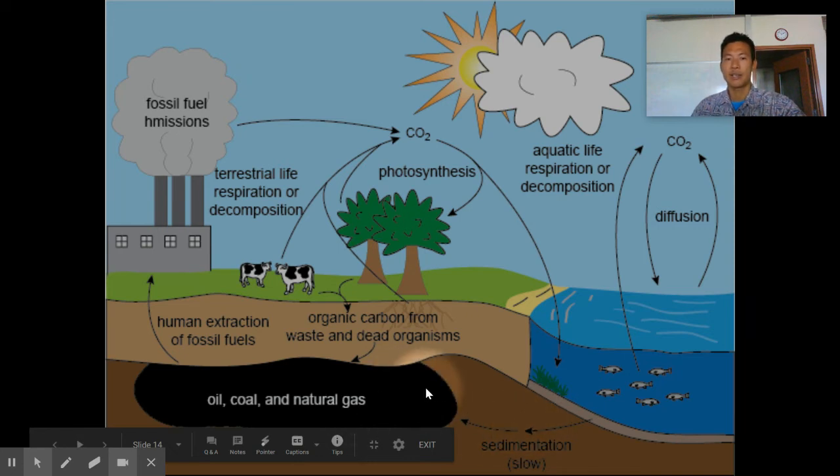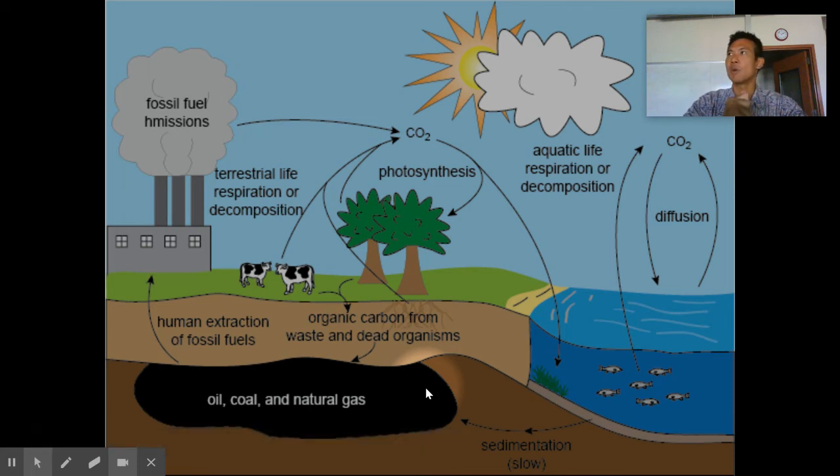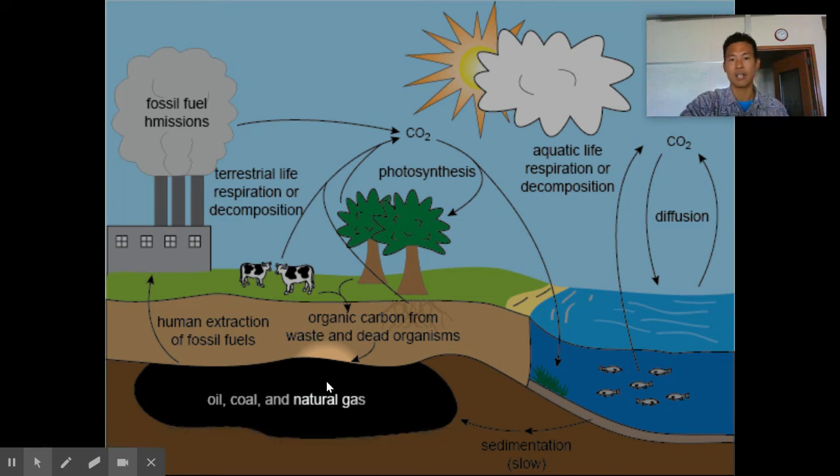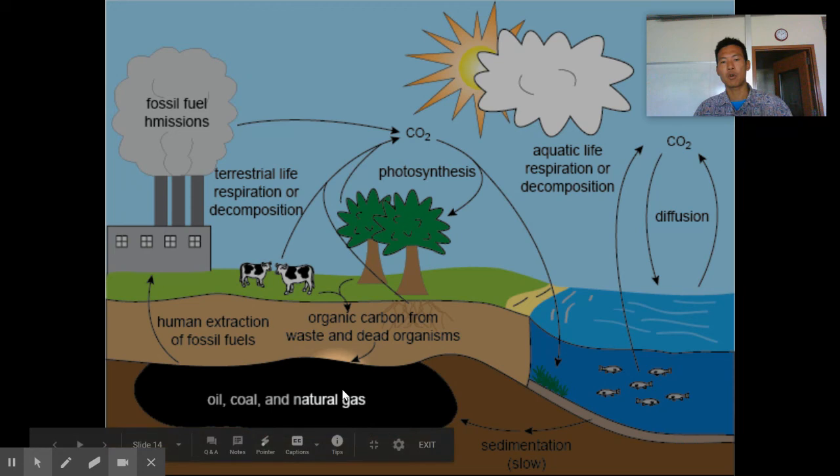Naturally, they may come back up through geological uplifting, tectonic plates moving, earthquakes, volcanoes. Geochemical processes like volcanoes will release this as carbon dioxide. However, these processes don't happen very quickly, nor do they happen a lot. Therefore, the cycling of carbon from the air to deep underground takes tens of thousands of years.